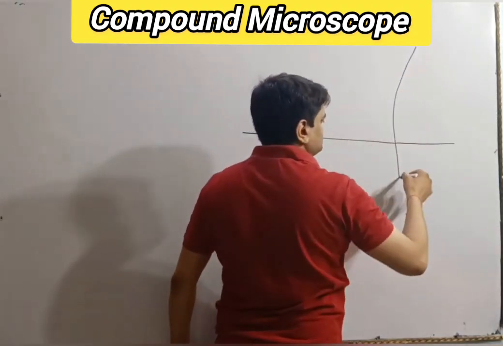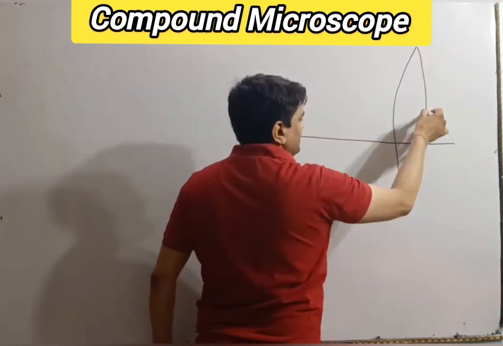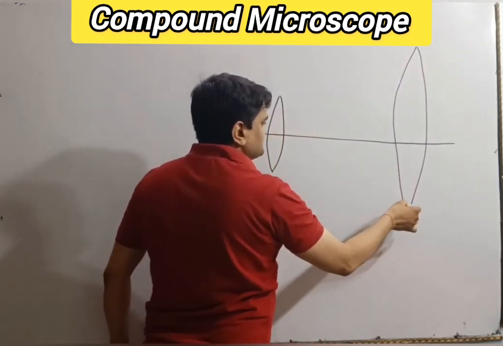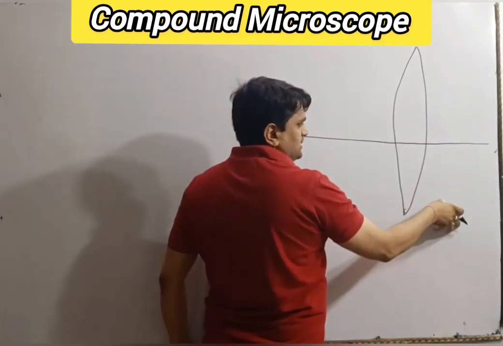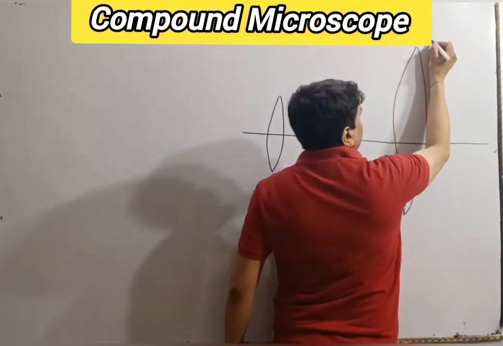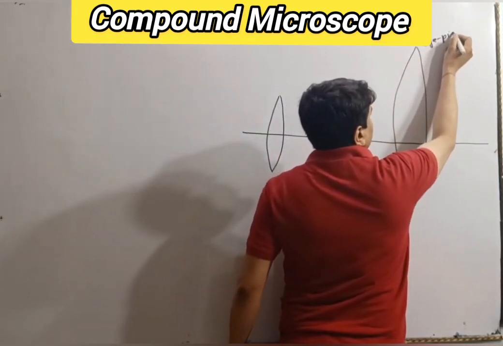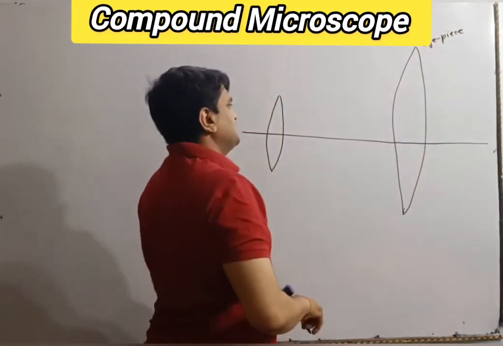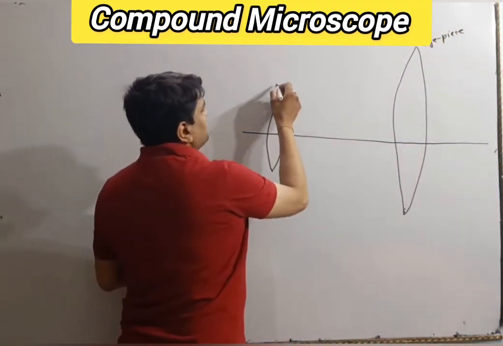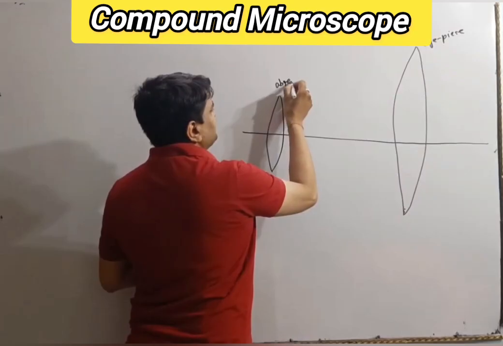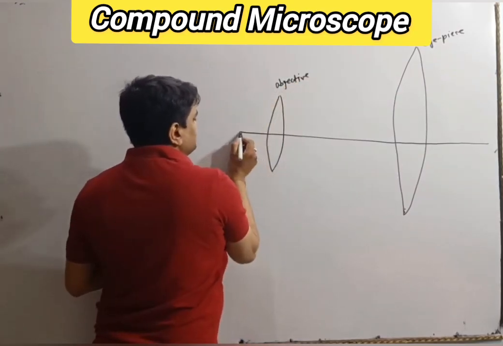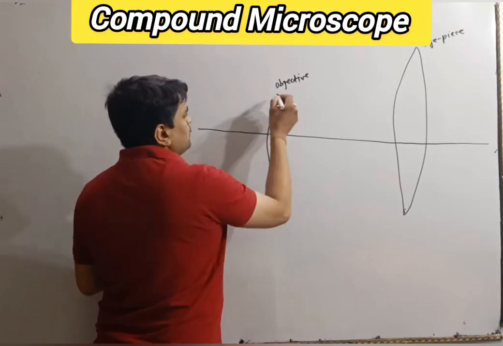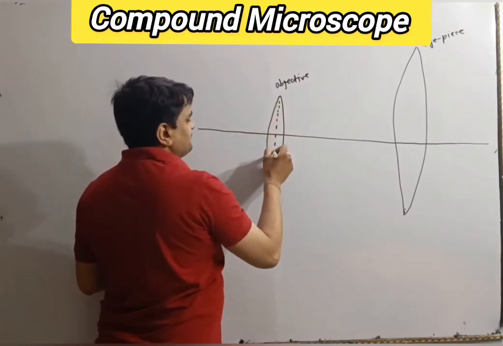On this side we see the image, so it is called the eyepiece. The eyepiece will be larger, and this is called the objective because the object is placed on this side.